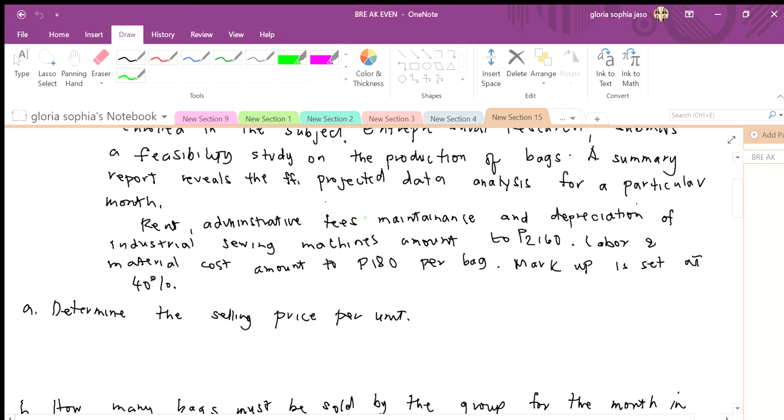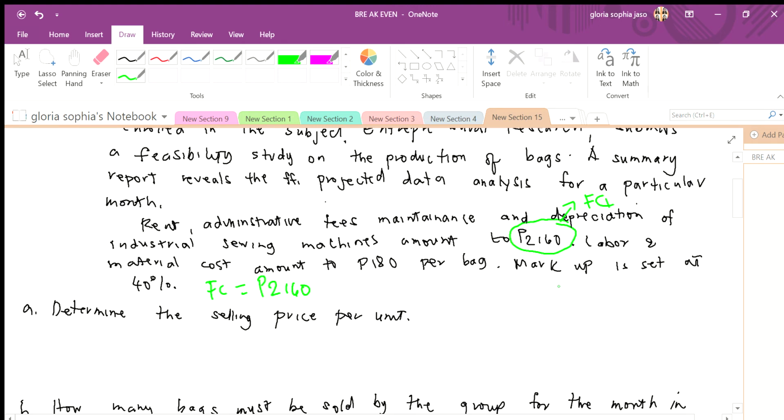So first, let's identify the given. The 2,160 is the fixed cost. So let's write FC is equal to 2,160 pesos.